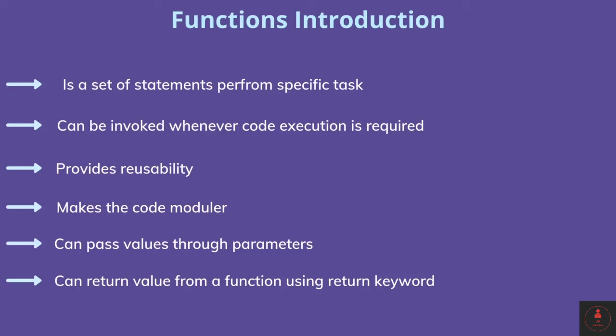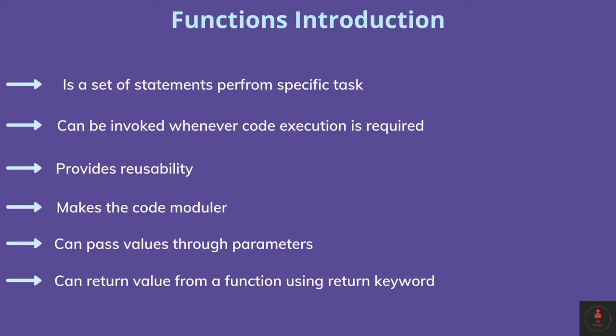Now, if it's about the result, you may just print it and that is the end of it. But if you want to return that particular value to some other function, you can do that as well using the return keyword. So let's see practically how we can start writing a basic function in JavaScript, and then we'll see how we can pass parameters, and then how we can return the value.